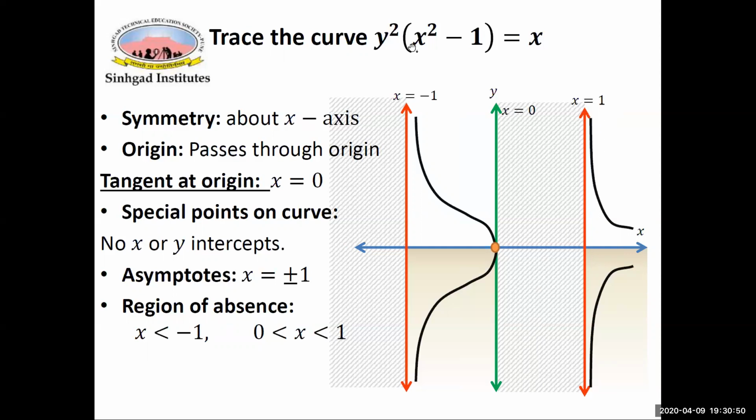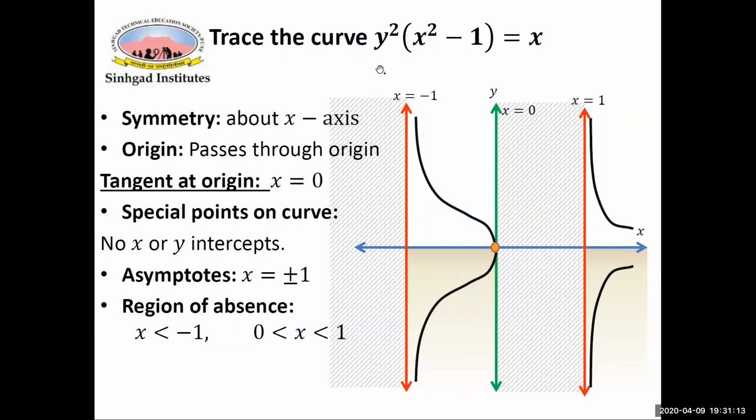x square y square is degree 4, minus y square degree 2, x degree 1. 4, 2, 1. What is the lowest degree? 1. So equate x to 0, which means what is the tangent at the origin? The y-axis is the tangent at the origin.